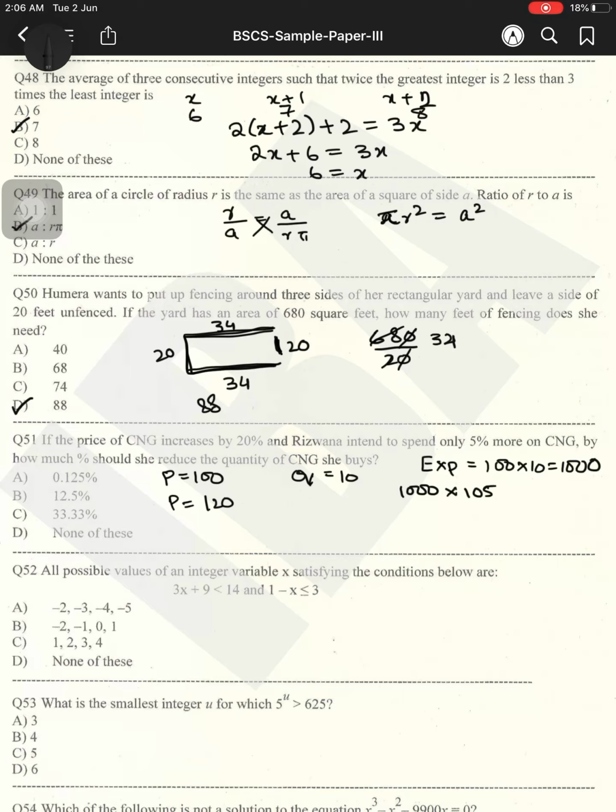So her expenditure was 1000, multiplied by 105 upon 100. It's going to be 1050. He's asking how much percentage should she reduce the quantity of CNG she buys. So 1050 divided by 120, and this should give you 12.5%. So that's going to be B.